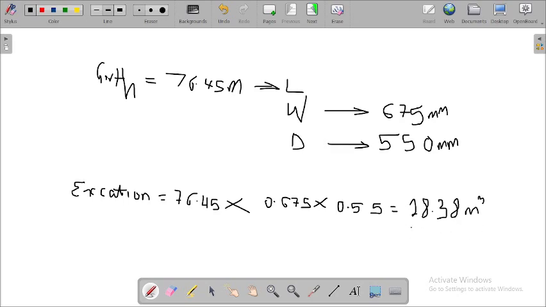And that is our volume of excavation. So this is the total volume we are going to be excavating for this drawing.